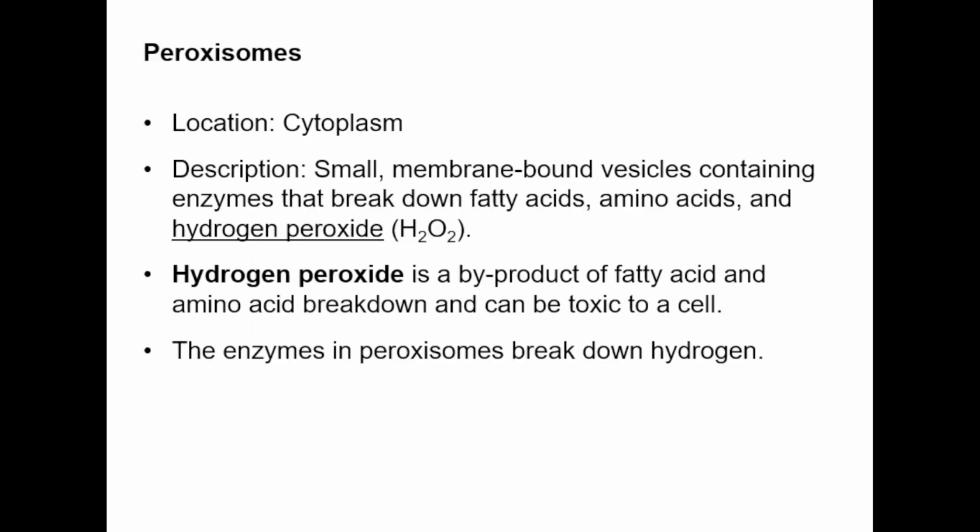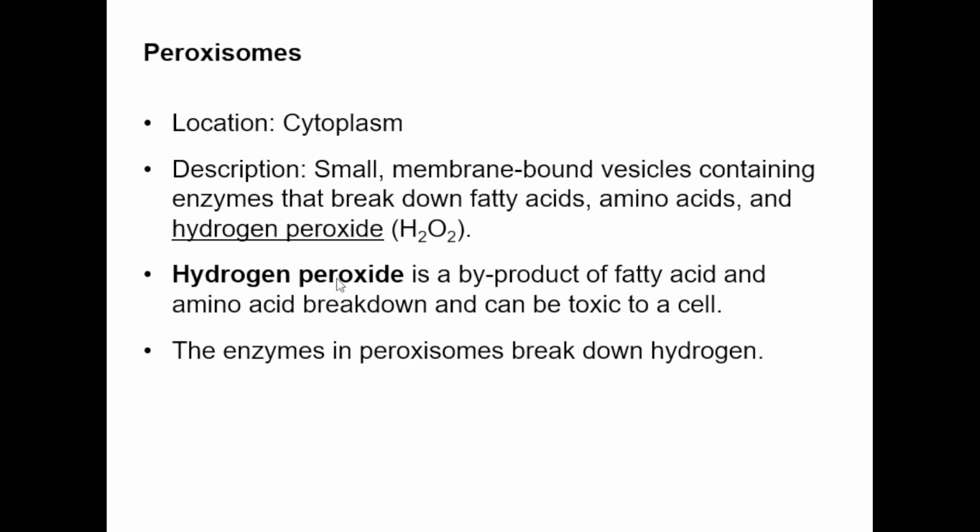Next, we have your peroxisomes. Peroxisomes are also found in the cytoplasm. And peroxisomes, they are membrane-bound vesicles that contain enzymes that actually break down your fatty acids, your amino acids, and hydrogen peroxide. So, ang laman niya is enzyme that destroys fatty acids, amino acids, and hydrogen peroxide.